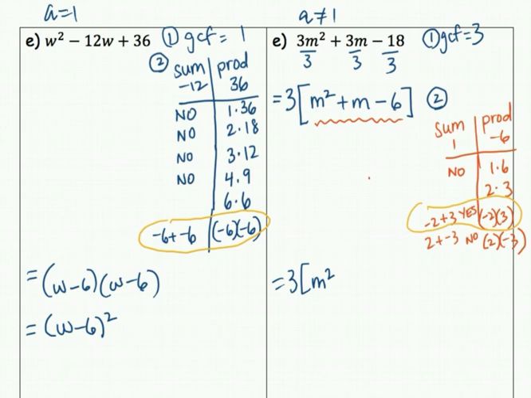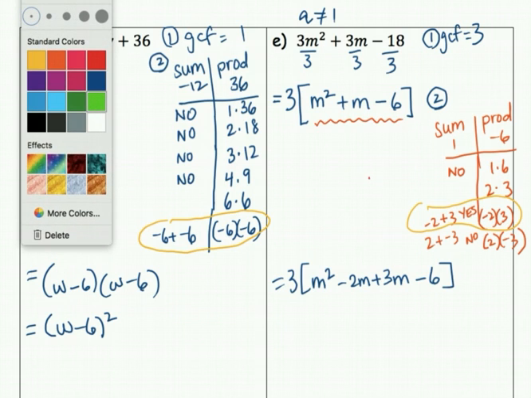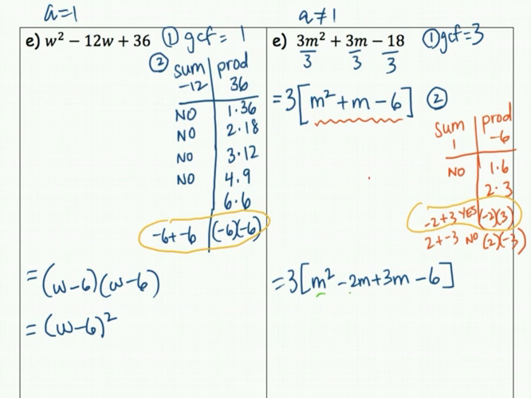Break apart that middle term using your two new values that you found. Sorry, it's 2m. All right, and then from there, find your factors.